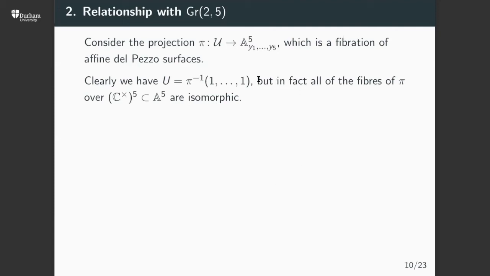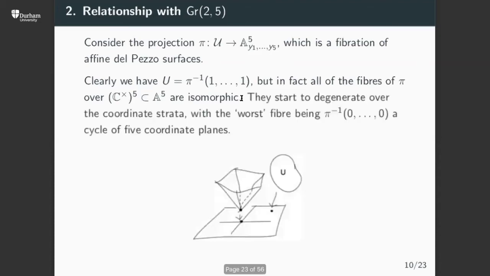The general fiber of this fibration of del Pezzo surfaces is the thing I started with, but if some of the variables that I added in, the yi's, are allowed to vanish, then these things start to degenerate, and I get this family of del Pezzo surfaces degenerating over the coordinate strata of this affine space. And the worst fiber in the middle here is just the cycle of 5 coordinate planes.